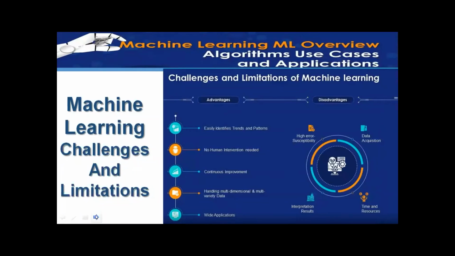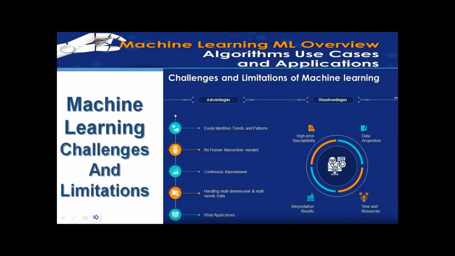And the next thing is about the challenges and limitations you face in your machine learning techniques. Looking at the advantages of machine learning, we can say that it easily identifies trends and patterns in your data, and no human intervention is needed in its work.